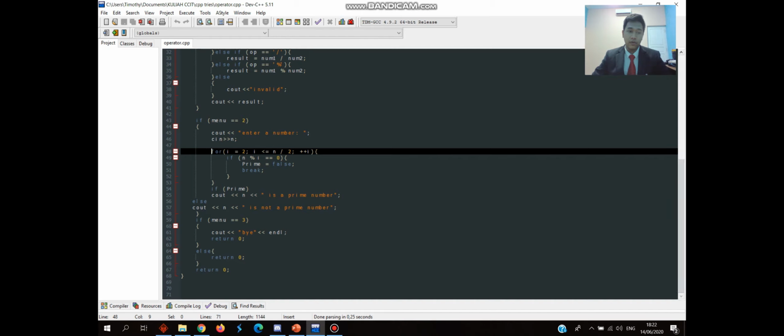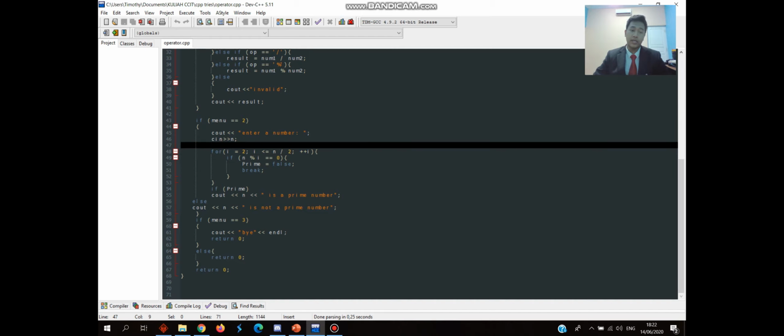The for loop here is used to do the checking on whether the number the user entered is prime. The for loop initializes the value of i to 2 and increases its value for every iteration.